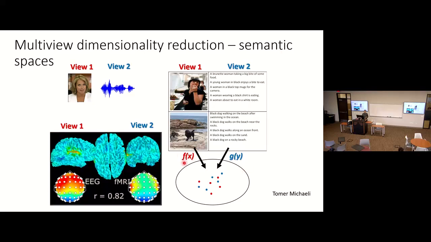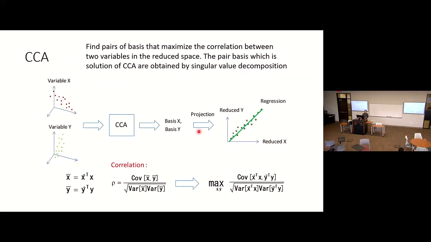Here illustrated, you find a function f to project your variable x from view 1, and you find a function g to project the variable y from view 2 and put them together. So how will this be done? You have red points, a 3D example, and green points.